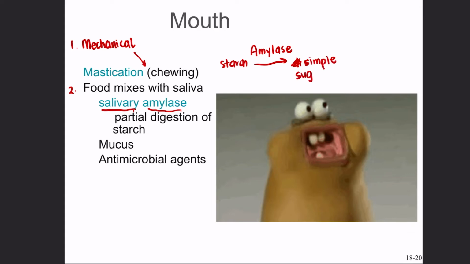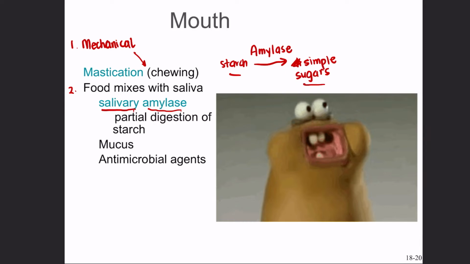So that means there's actually a way you can test this, and maybe you'll be doing this in lab. You can put a potato chip in your mouth or a saltine cracker in your mouth, and if you hold it in your mouth long enough while you're salivating, it starts to taste sweet. And what that means is that that starch is being changed to simple sugars via amylase.